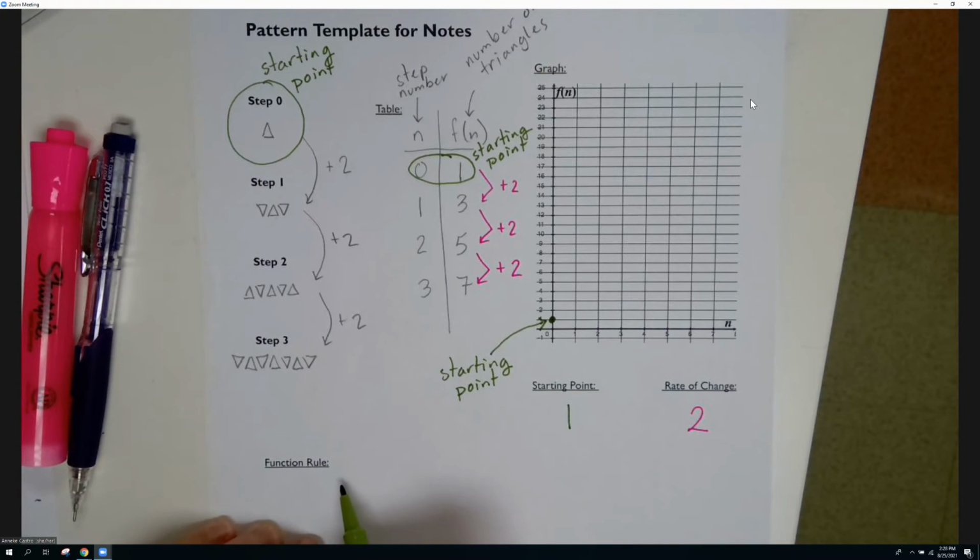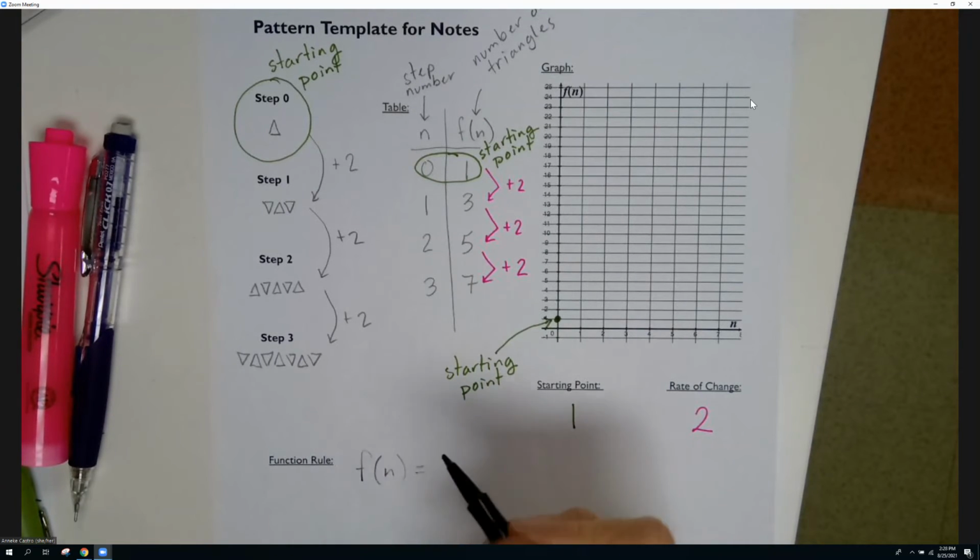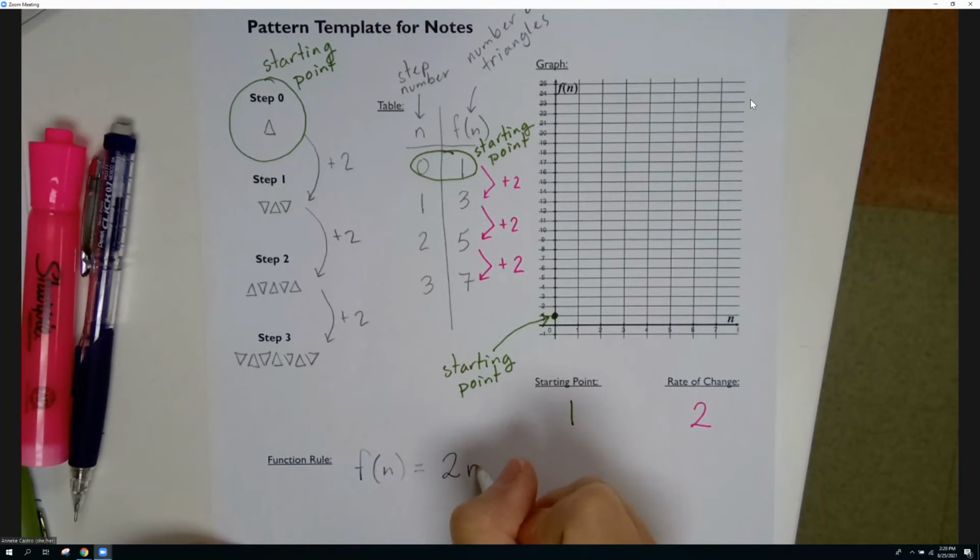Now the function rule, we were practicing this in class. We write f of n is equal to the rate of change times n plus the starting point.